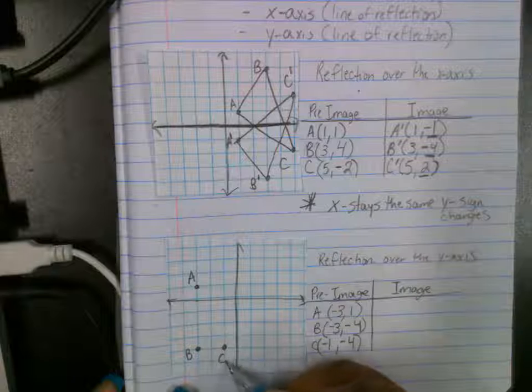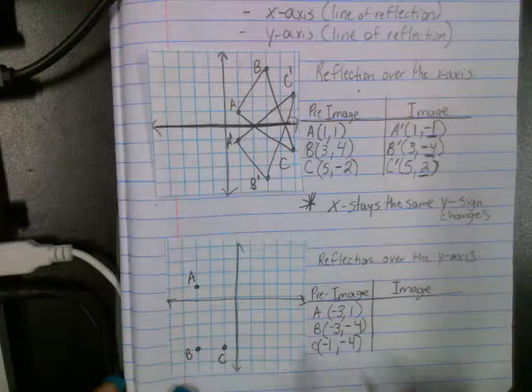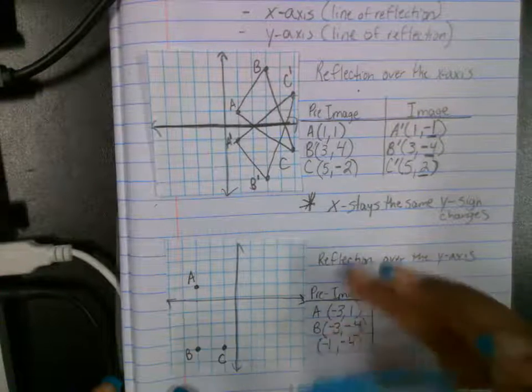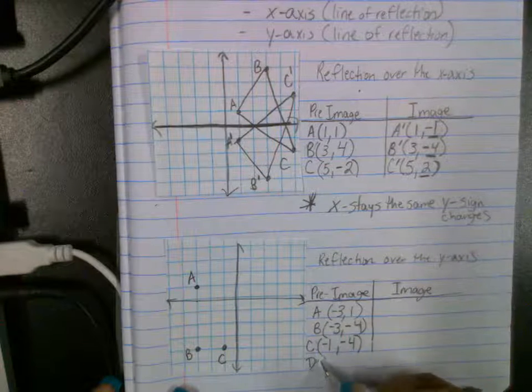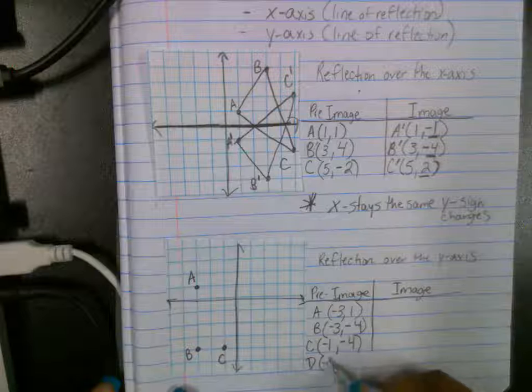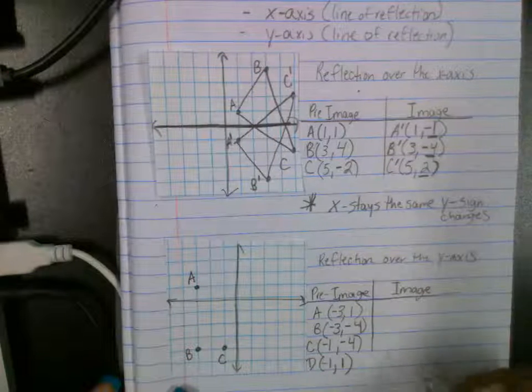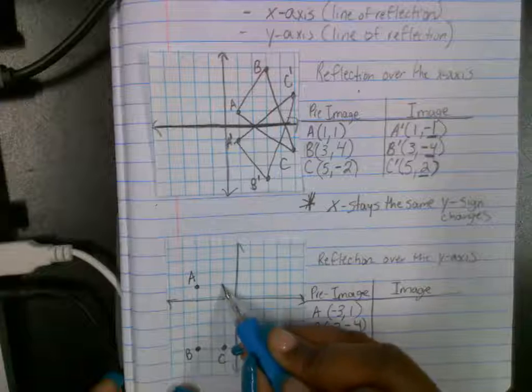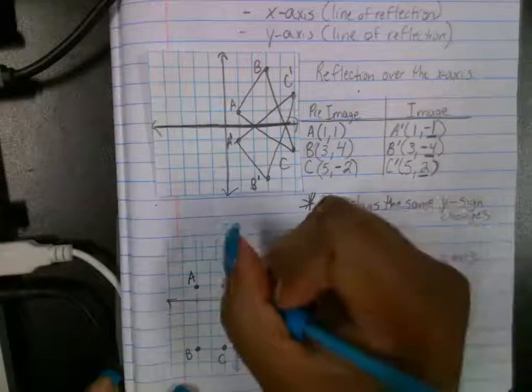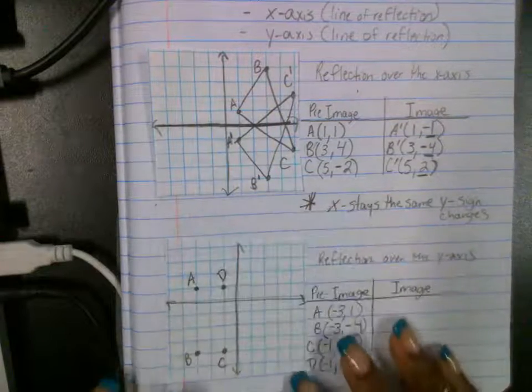This is C. And let's graph D at -1 and +1. Go over to the left 1 and up 1. This is D. This is a rectangle.